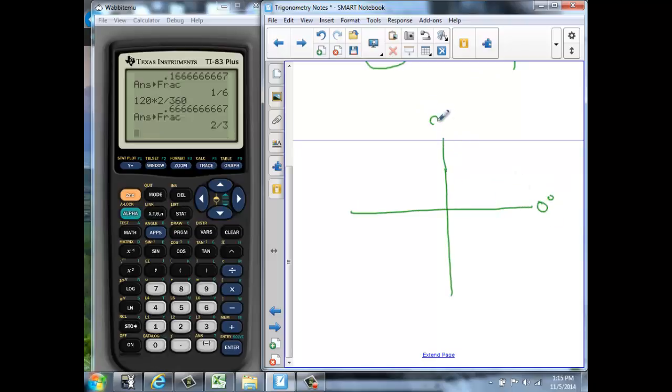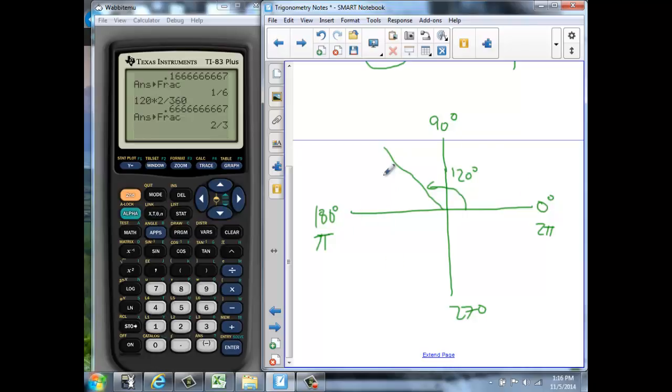If this was 0, and this was 90, and this was 180, and this was 270, and we were talking about 120 degrees. 360 was also 2 pi. Does that make sense so far? That meant that this one right here is pi.